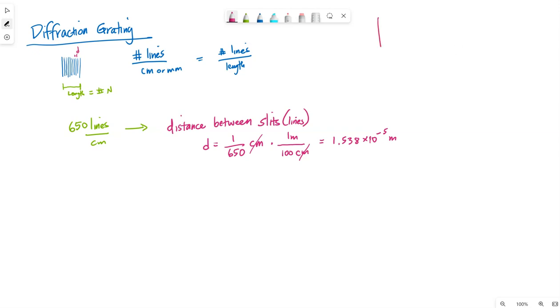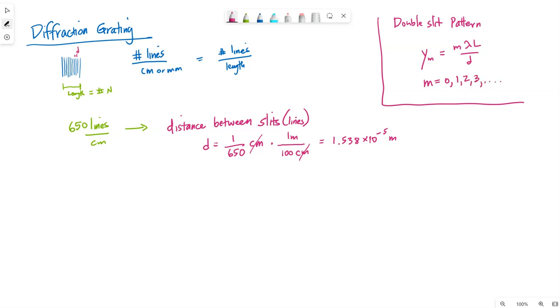If you recall, total side note, for our double slit pattern, we could determine the location of the bright spots or bright lines in the pattern using the equation y = mλL/d. M was our multiplier, m equals 0 was our central maximum.